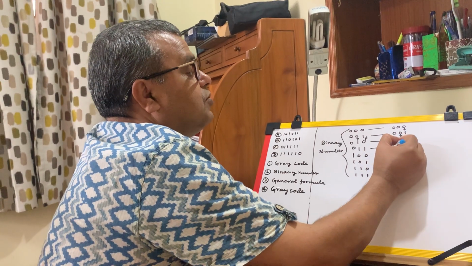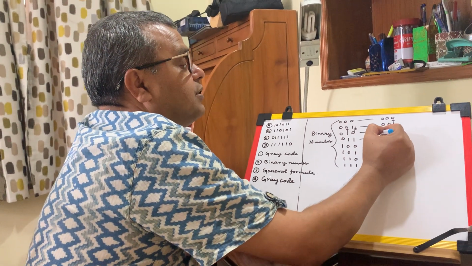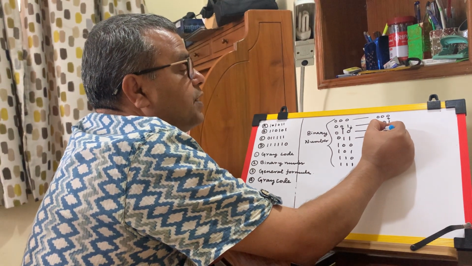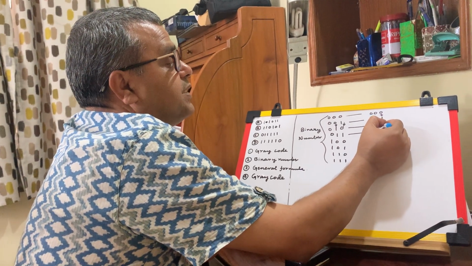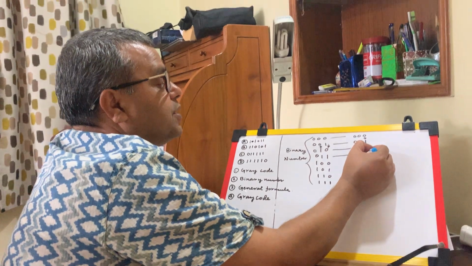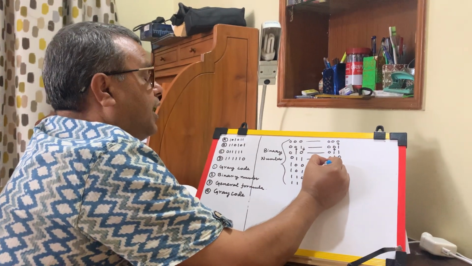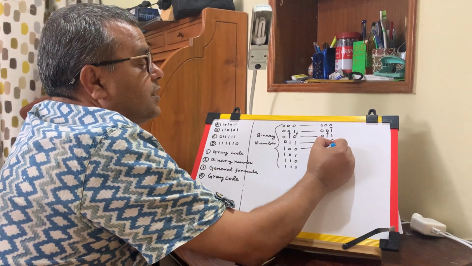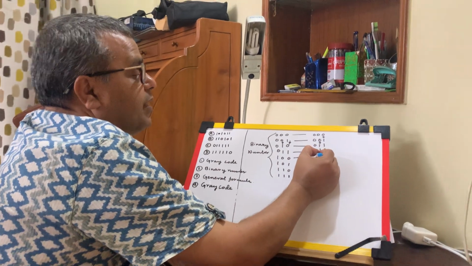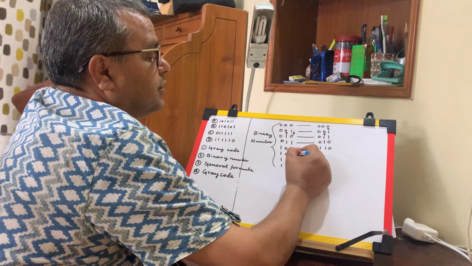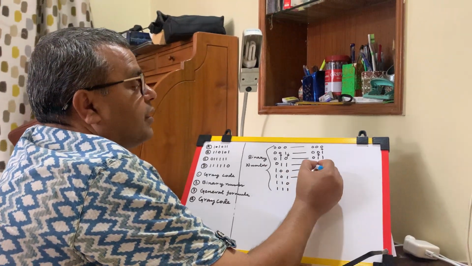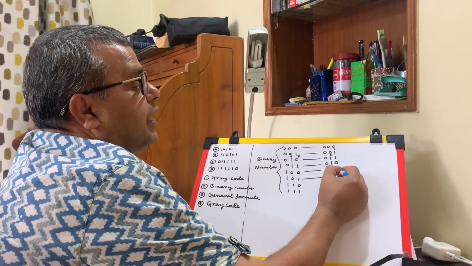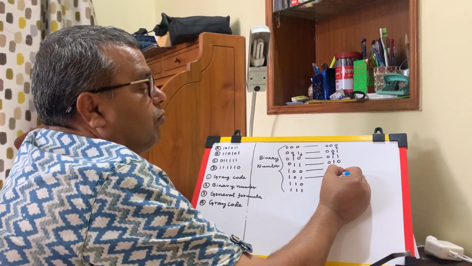Similarly, 011 becomes 010: these 2 bits are kept the same, and this bit 1 will become 0. After that, next would be this, and these are kept the same, and this bit will become 1. Now these 2 bits will be kept the same, and this 0 will become 1.